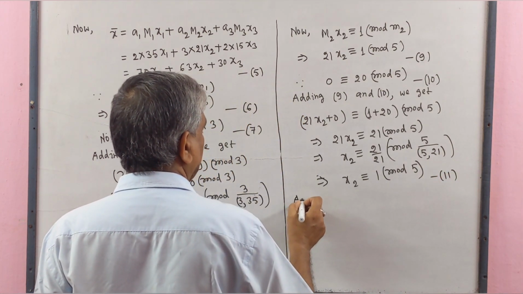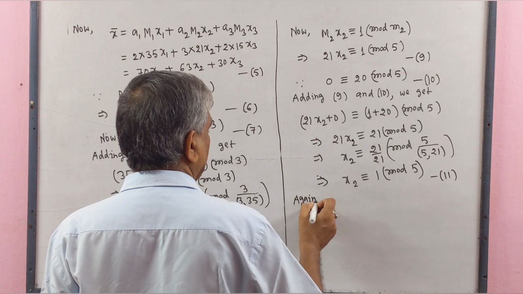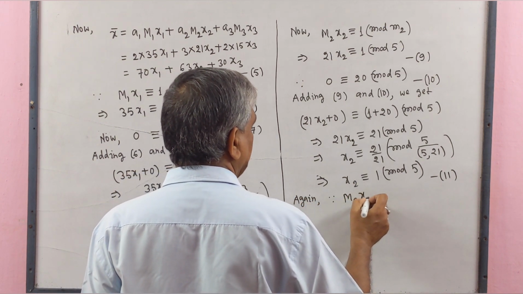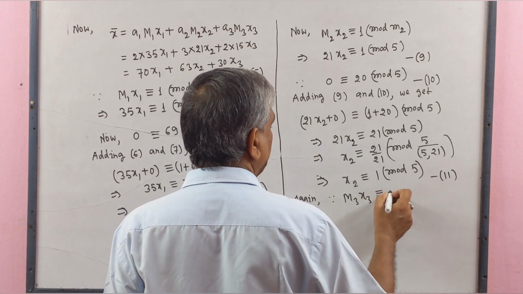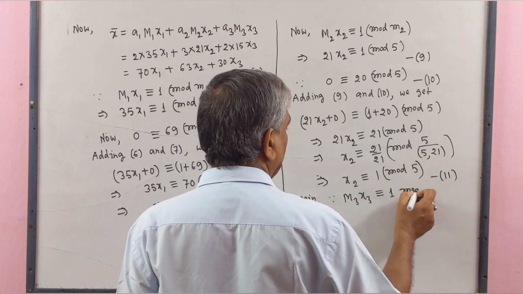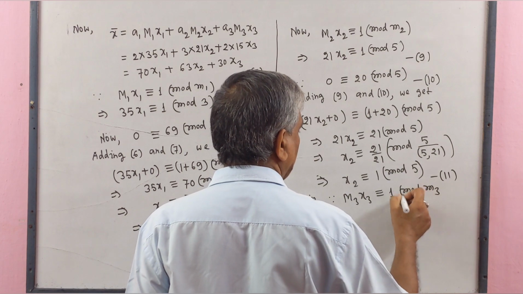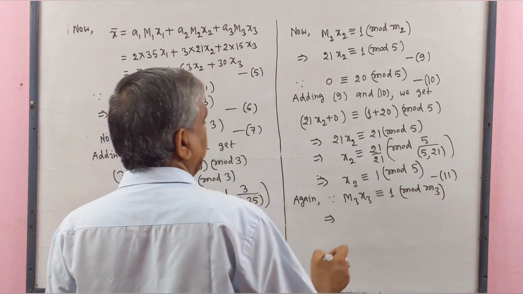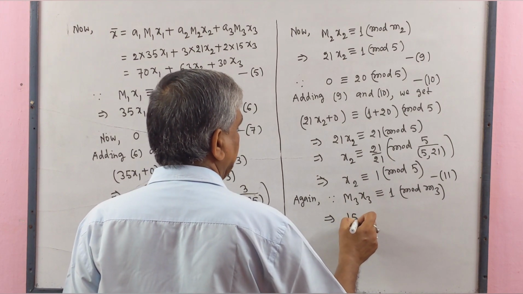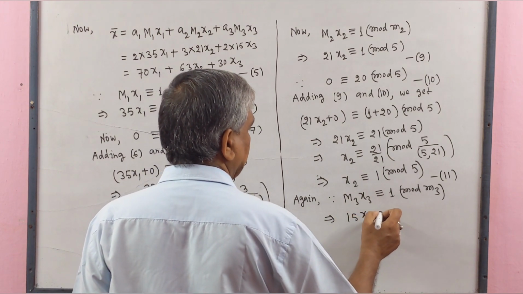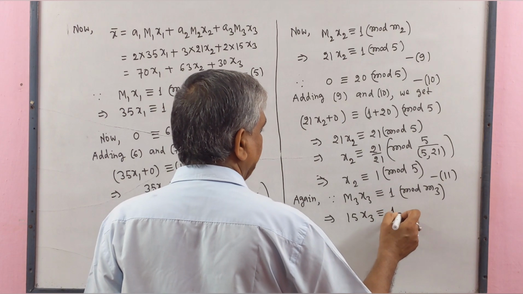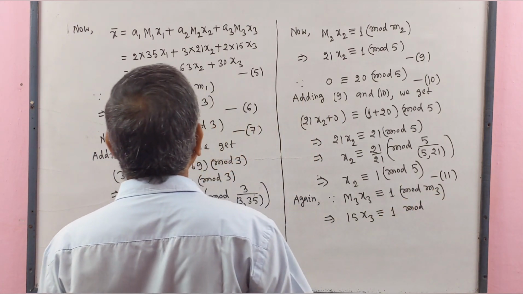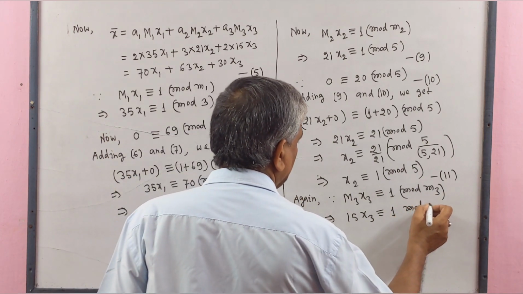Again, since M3 x3 is congruent to 1 modulo m3, implies that 15x3 congruent 1 modulo m3. m3 is 7.